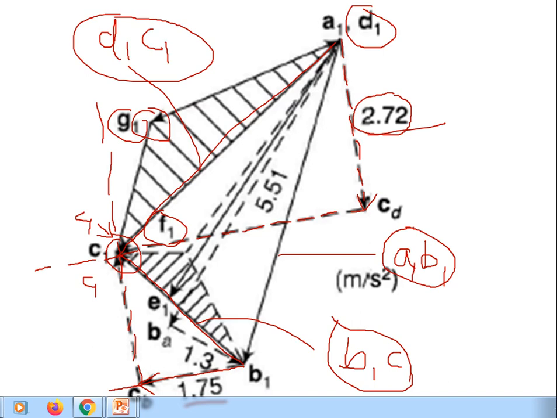You will get the intersection as point G1. Okay, the location of points F1 and G1 is important to us. If you measure from the initial point or the end point, it is the same, and that will be the value of that acceleration. So just try to locate these points F1 and G1.